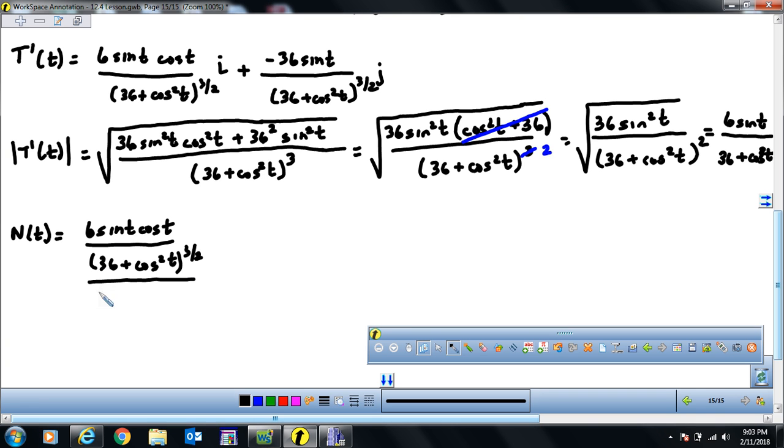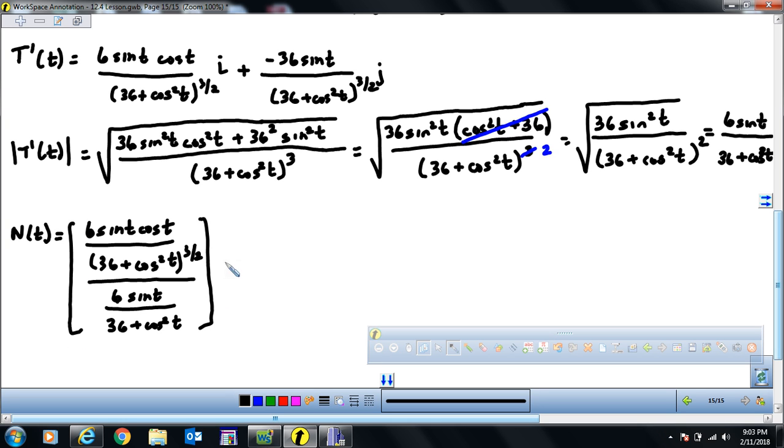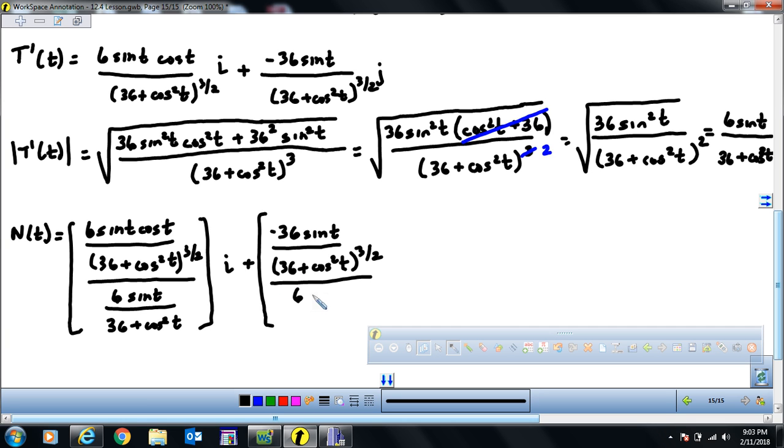The magnitude was 6 sine of t over 36 plus cosine squared of t, and that is the i component, plus then the j component. Divide the j component by the magnitude, so it would be negative 36 sine of t over (36 plus cosine squared of t) to the 3/2 divided by the magnitude, which is 6 sine of t over 36 plus cosine squared of t.